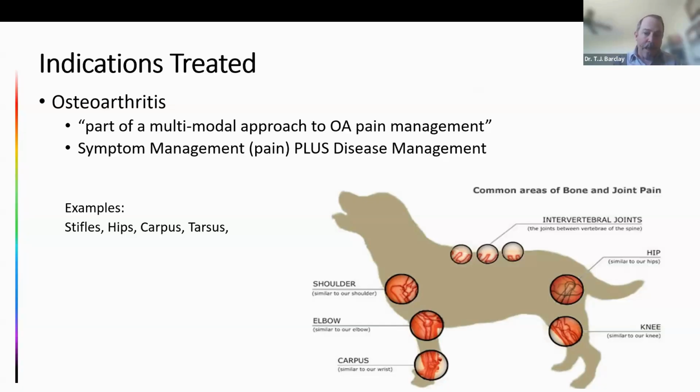Any joint that gets OA is a good candidate for shockwave therapy. Of course, our typical problem areas in small animals are going to be hips, stifles, elbows, and so forth. But again, any joint with OA is a good target for shockwave.